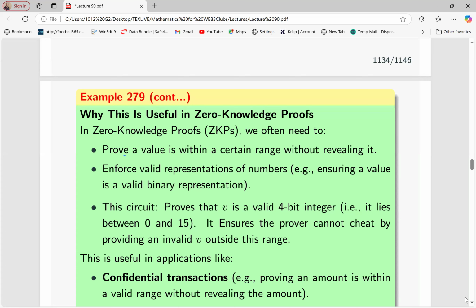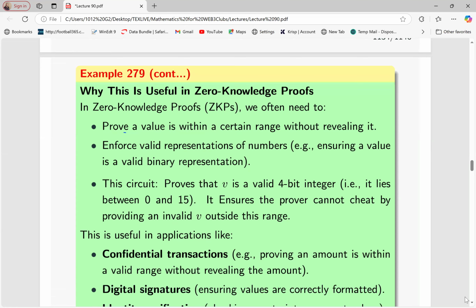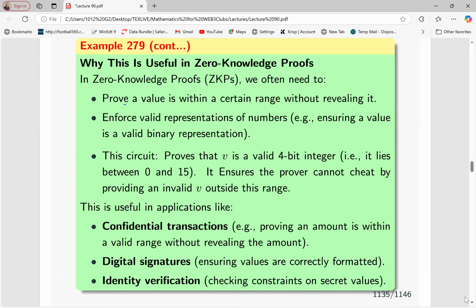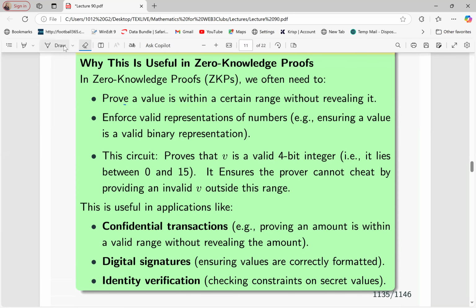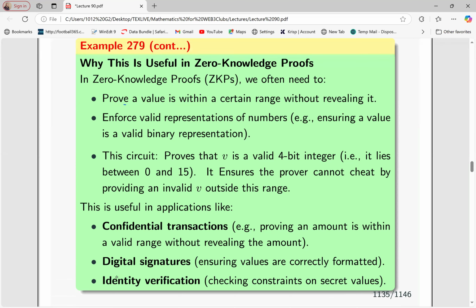Now, that is one way it's used in zero knowledge proofs, but it's also used in confidential transactions. In confidential transactions, this knowledge is used in proving that an amount is within a valid range without revealing the amount. You just want to know that the amount we are receiving is within the range.